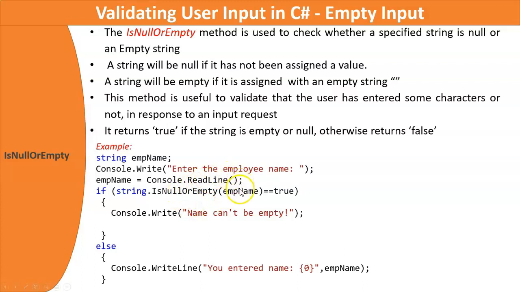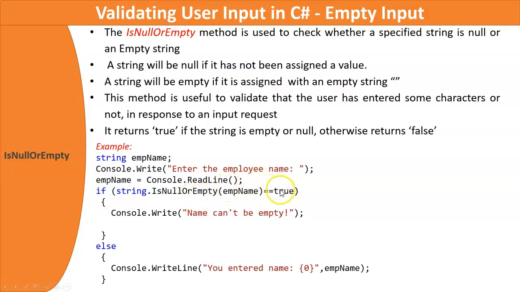This method will return a true or false value. If the empName variable has a null value or an empty value, this method will return true as the result. Otherwise, it will return false as the result.